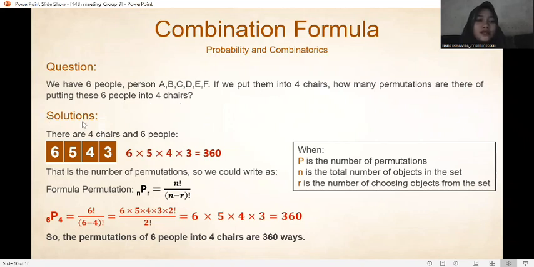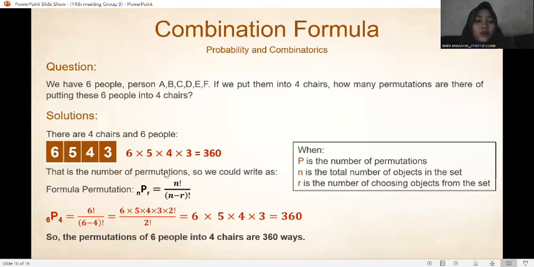The solution is there are four chairs and six people. So, 6, 5, 4, and 3, or 6 times 5 times 4 times 3 equals 360. That is the number of permutations.